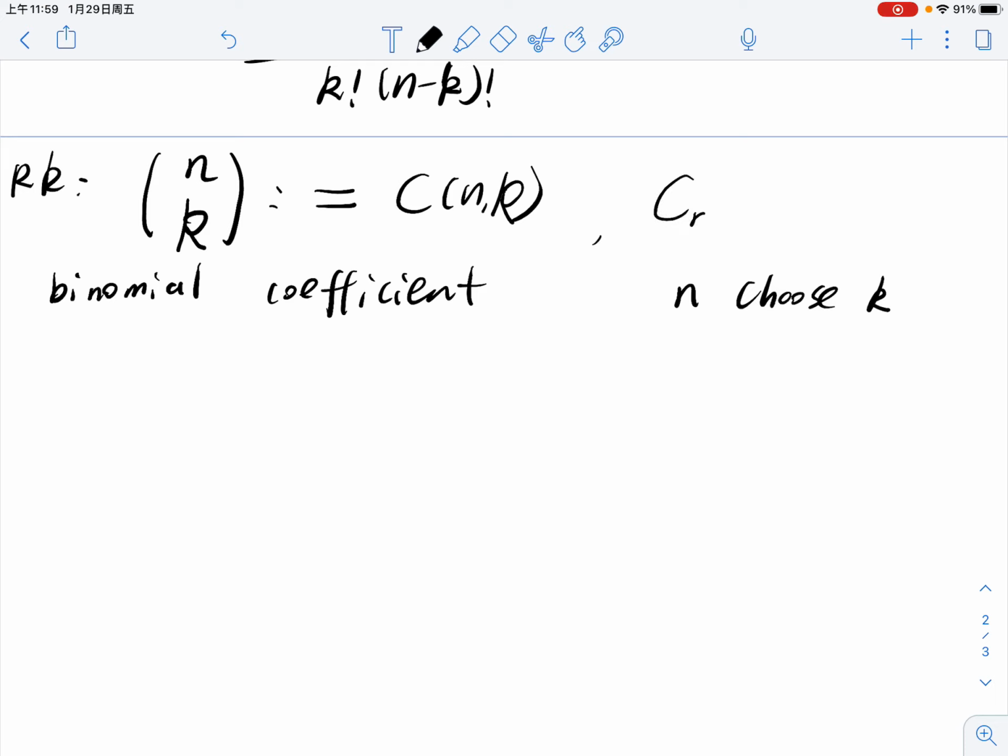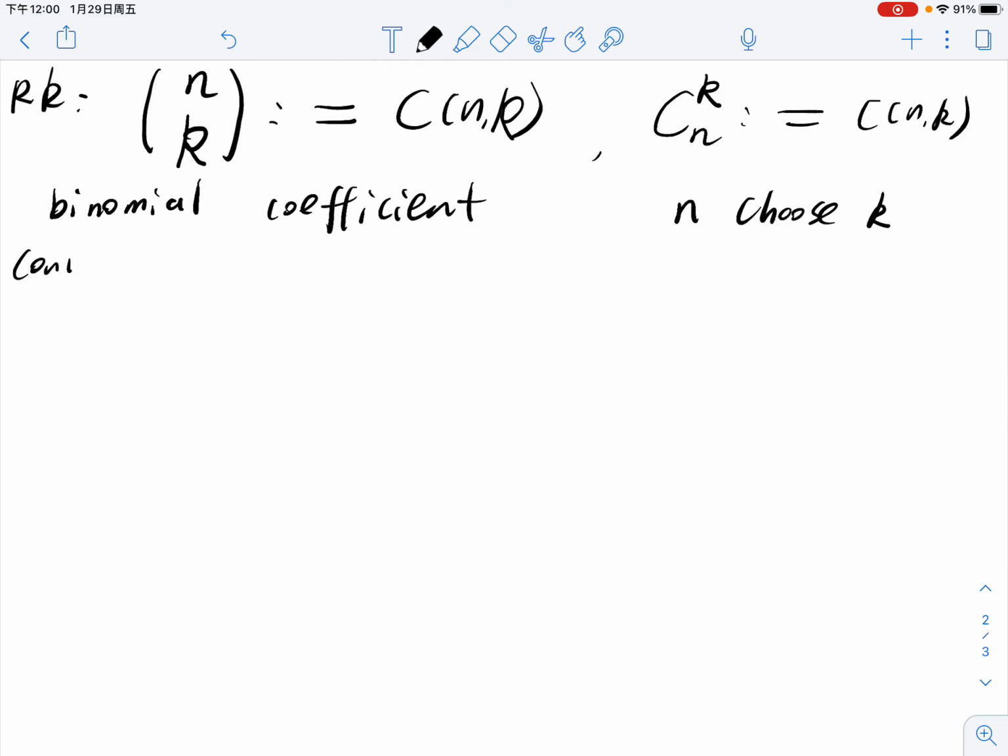Or there's some notation as C with superscript k and subscript n, the same as C(n,k). You can always see these notations in other textbooks or journal papers.